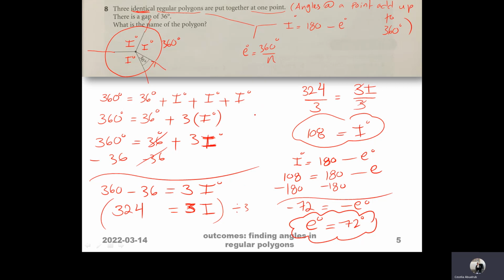So since I find E, I can now find the number of sides, right? So here, what is E? E is equal to 72, which is equal to 360 over N. Can we cross multiply now? So N times 72 will come down to 72N, and 360 times 1 is 360.